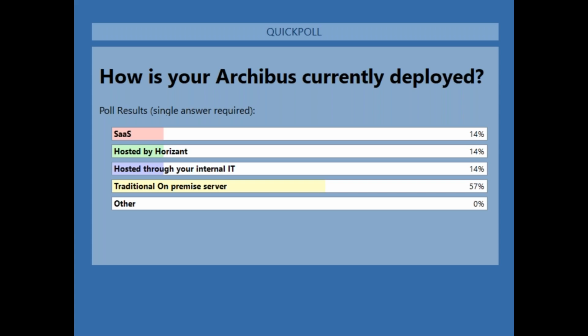So it's always good to get advice from your other government colleagues and the available companies like Archibus and Horizant to get some help with the server setup and all that, because there's a lot to it. Maybe I should leave it there, Wayne, and let someone else talk.